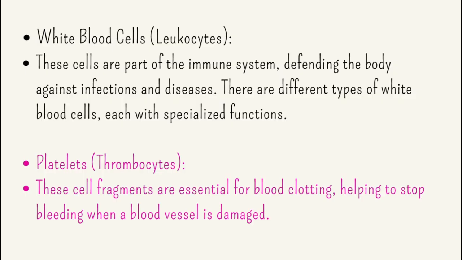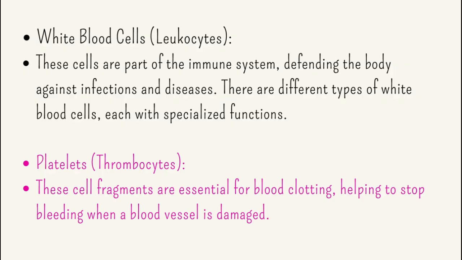So basically, as we said before, if we get a cut, white blood cells are literally what fight infection and diseases. So they try their best to prevent you from getting sick. They are part of the immune system, right? And them being a part of the immune system, that is their role. Fighting infection, right?